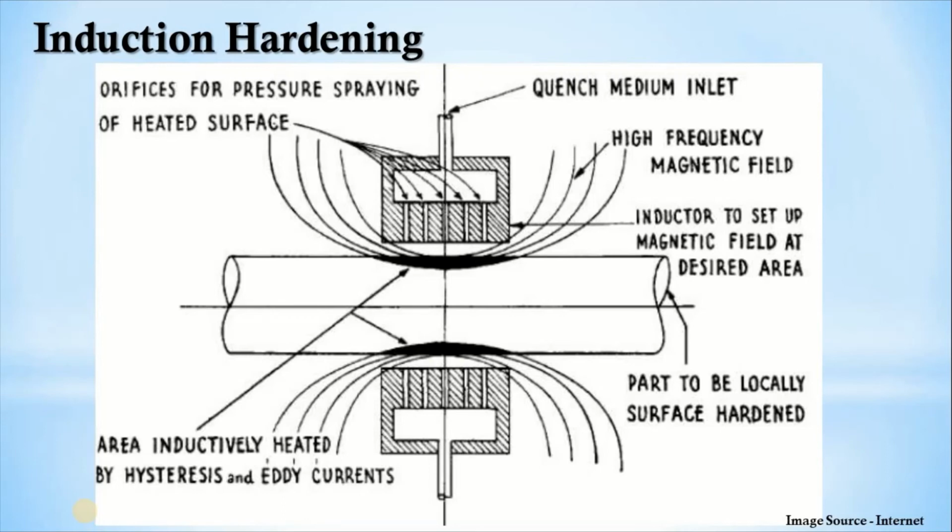With induction hardening, components are hardened workpiece by workpiece, but in case hardening that we have seen, it is batch by batch. So induction hardening focuses on only one workpiece, which is induction heated and quenched to increase its hardness and brittleness.